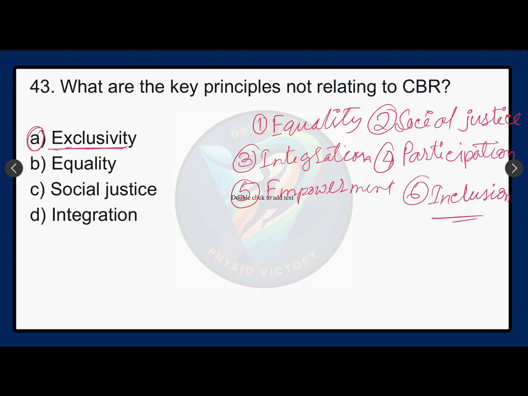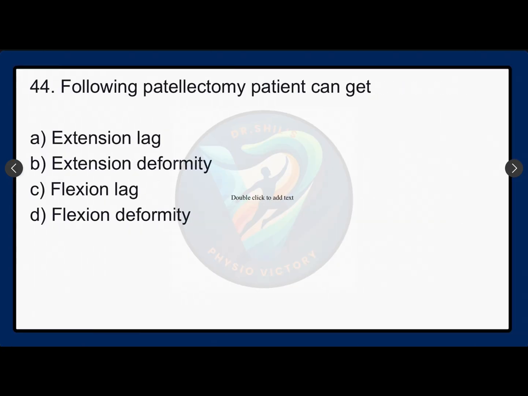Next question, question number 44. Following patelectomy, patient can get option A, extension leg, option B, extension deformity, option C, flexion leg, and option D, flexion deformity. Here, the correct answer is option A, extension leg.